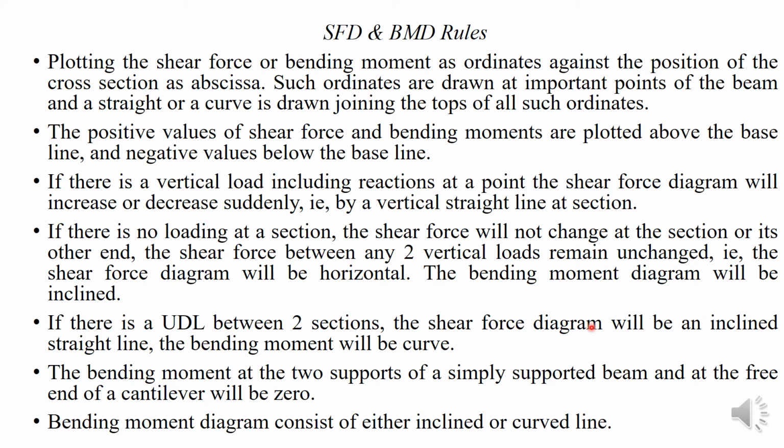And if there is a UDL in between two sections, the shear force diagram will be an inclined straight line and the bending moment will be a curve, that means a parabolic curve. The bending moment at the two supports of a simply supported beam and at the free end of a cantilever will be 0. Bending moment diagrams consist of either inclined lines or curved lines. So these are the rules for shear force diagram and bending moment diagram.